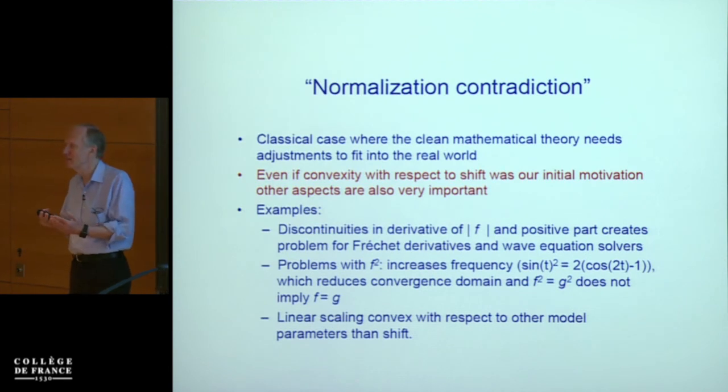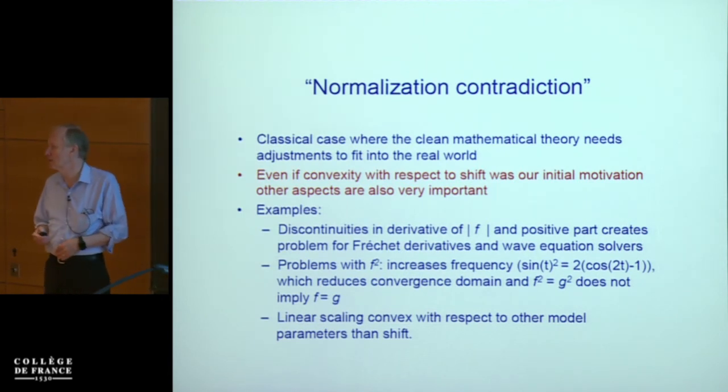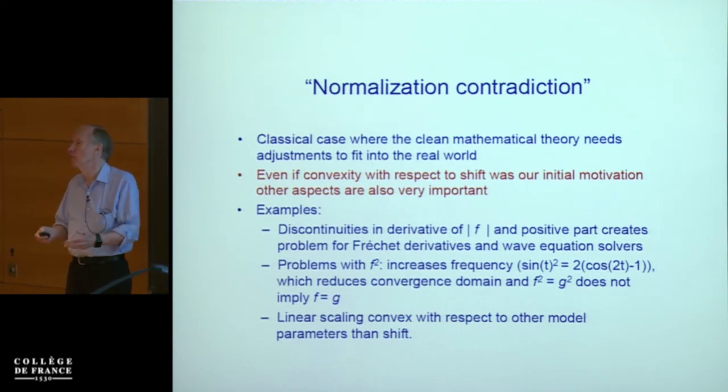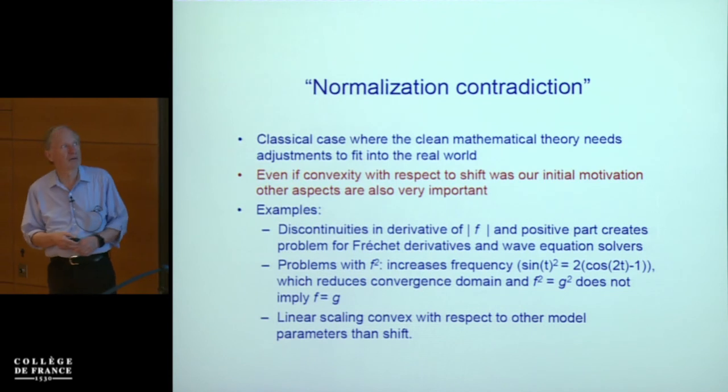So if you square just a sine function, it's easier to get trapped since we don't have the full convexity in this case. Furthermore, it is not a bijection. If you match the squares, f squared and g squared, you don't know whether f and g are the correct ones, because these were signals with signs. So that doesn't work so well either.